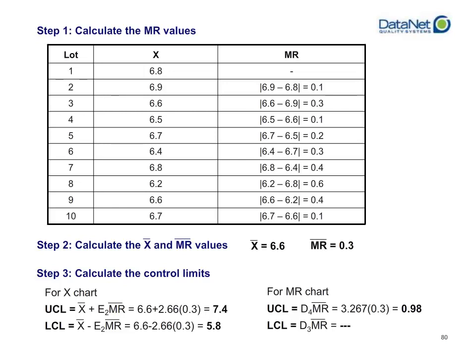We're only looking 1 point back in history from the current value. So we're going to be using the E2 constant, which in this case happens to be 2.66. And for the MR chart, we are still using D3 and D4 because mathematically speaking, you can use the same values.